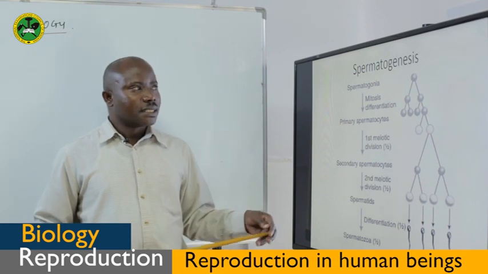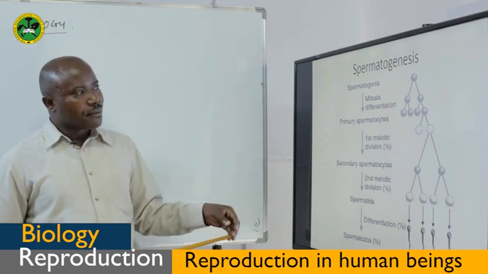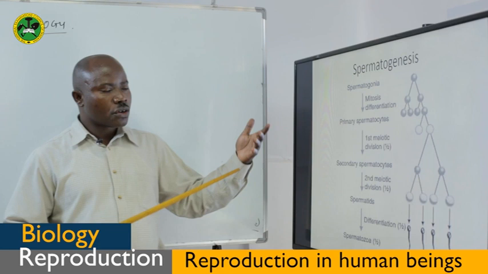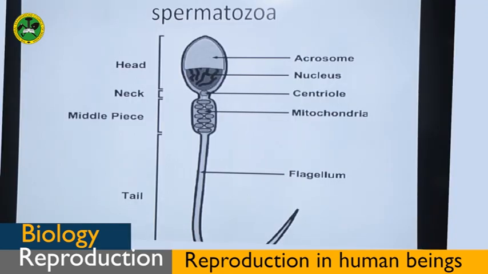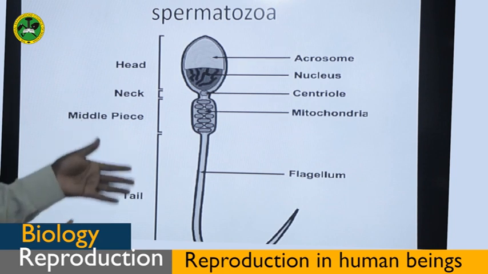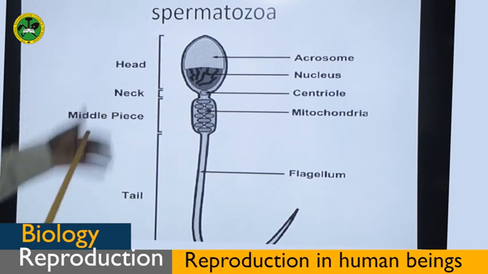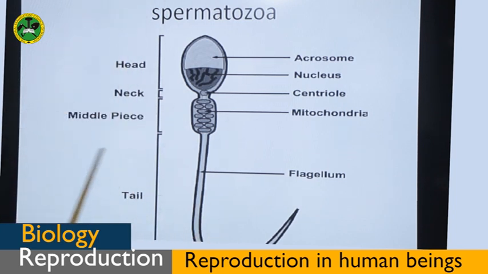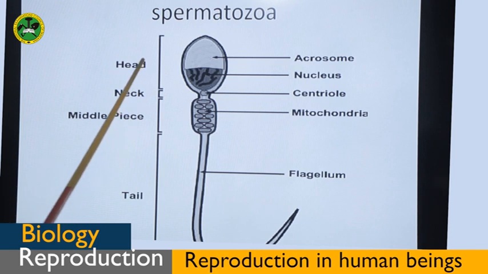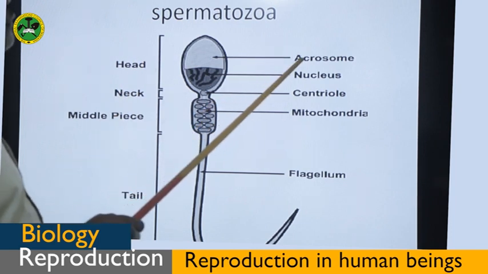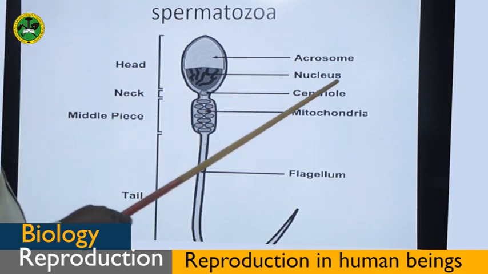Therefore, let us see the matured spermatozoa. Dear students, after cell differentiation, where the spermatid is transformed into a functional spermatozoon, these are the important features that the spermatid acquires in the course of cell differentiation. You have the head that consists of the acrosome and nucleus.